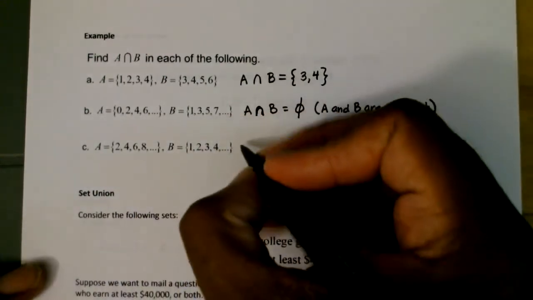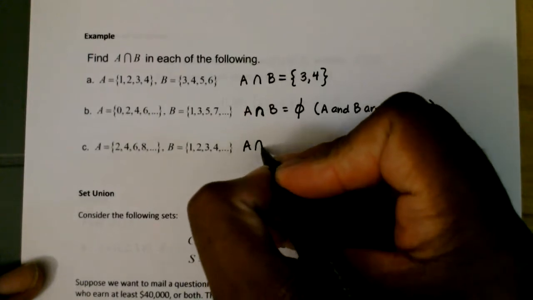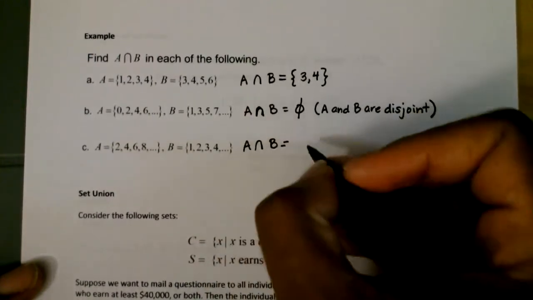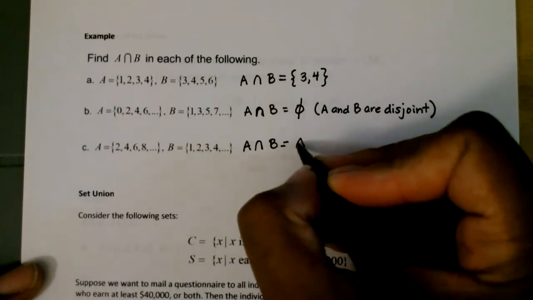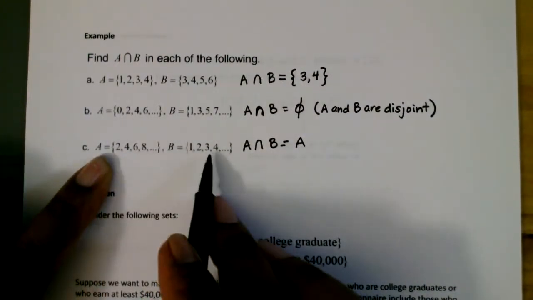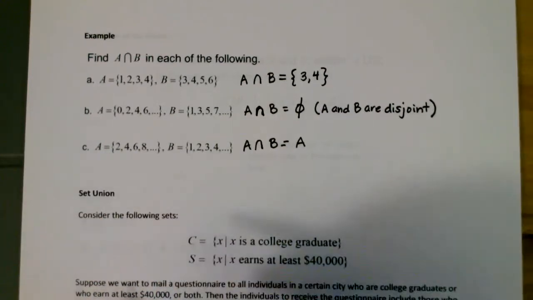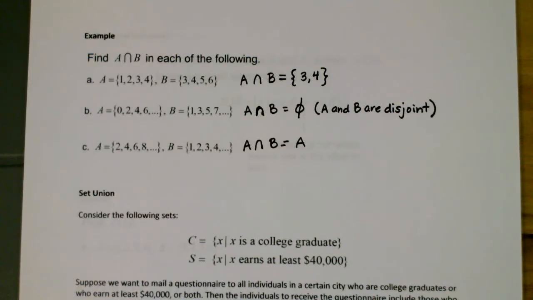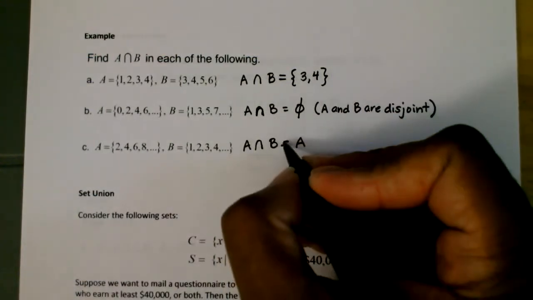So the intersection of A and B is going to end up being set A, because all that's in A is also in B. So that's how we find the intersection of two sets.